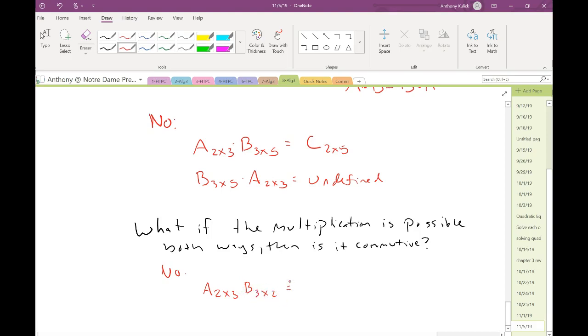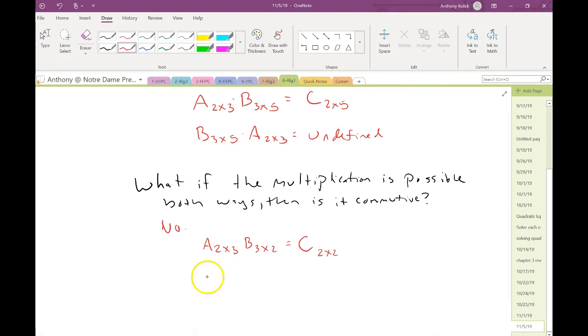What if I do a 2 by 3 times a 3 by 2? What's that answer going to be? It's going to be a 2 by 2, right? If I switch the order, I'd have a 3 by 2 times a 2 by 3.